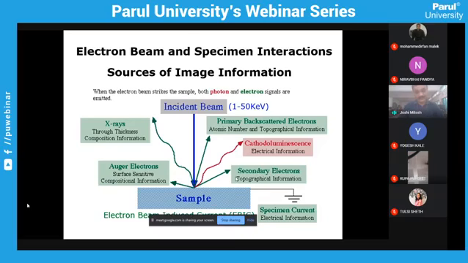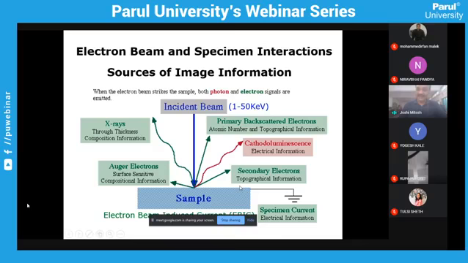Auger electrons are nowadays important. They show surface sensitivity, and they also provide compositional information on the surfaces. When electrons interact with the sample, some X-rays are also emitted. By using the X-rays, you can know the depth of the sample, or the thickness, and compositional information of the sample is available.